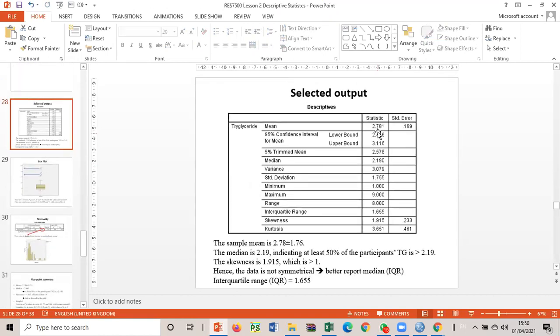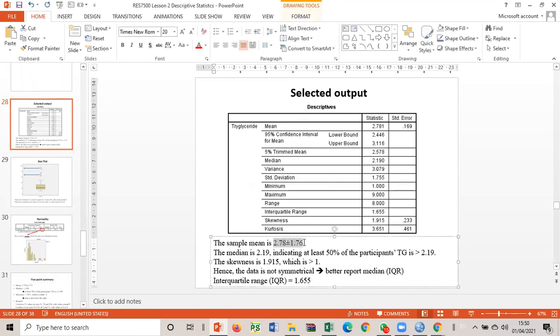What's the mean here? Class, are you following? What's the mean? 3.718. What's the median? 2.190. Is it close or far apart? Yes. It looks like it, but we don't know, not sure yet.